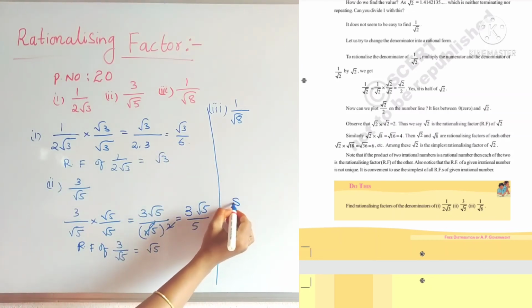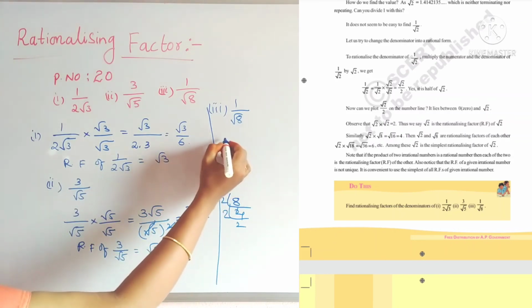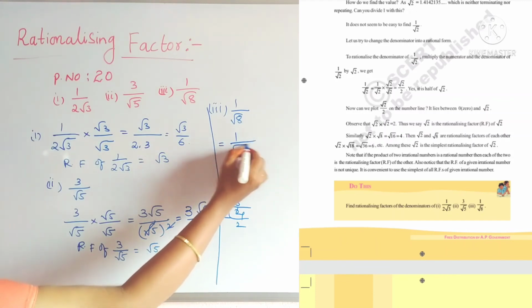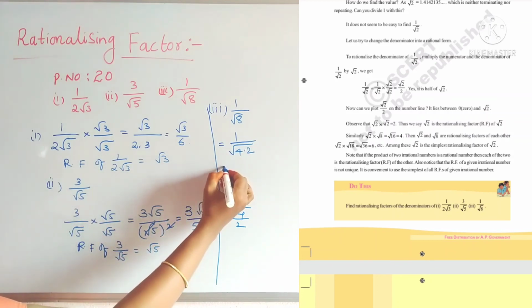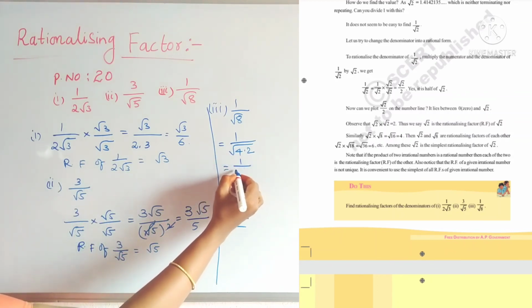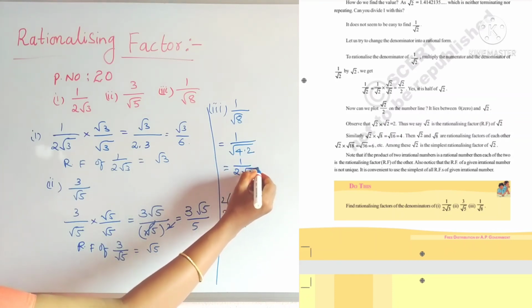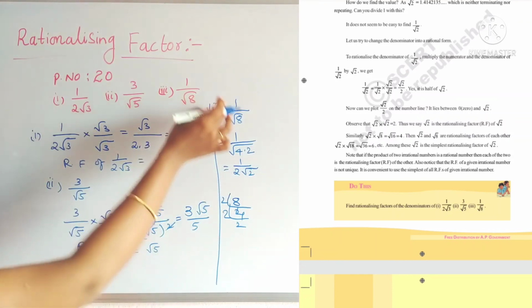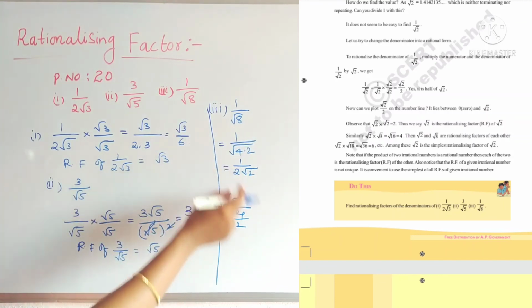So if you simplify 8, 2 fours are 8 and 2 twos are 2 cube, right? So root 8 we can write as root of 4 into 2. What is the square root of 4? 2 only, no? So it is 2 root 2. So 1 by root 8, if you simplify it, is 1 by 2 root 2.